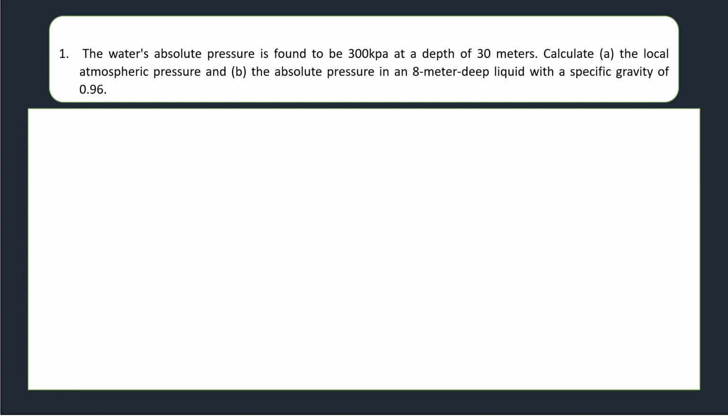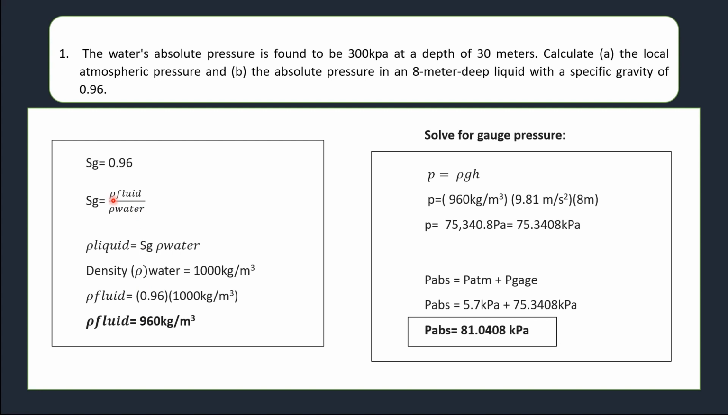We have here the formula for the specific gravity, which is density of the fluid divided by density of water. Deriving that equation, the density of the liquid is equal to specific gravity times the density of water.